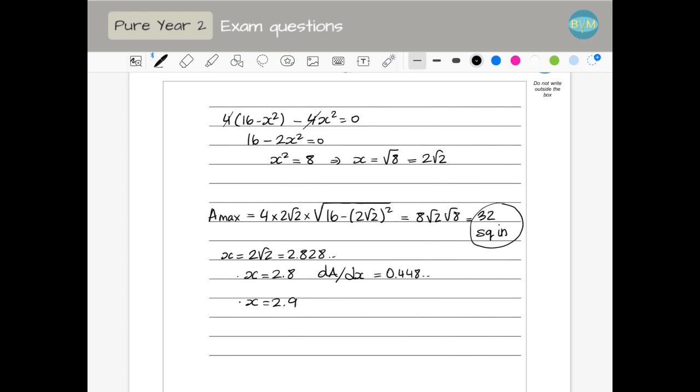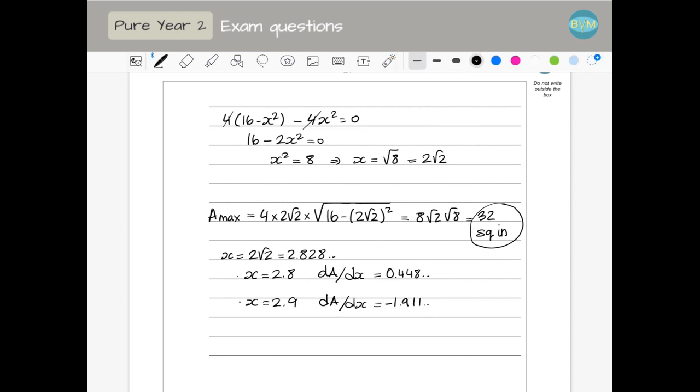And we do the same with 2.9. The gradient of the line when x is 2.9 is, substituting again, minus 1.911. Which means before my point it is positive, then at my point it is 0, and then after the point it is negative. So that means I have the maximum.